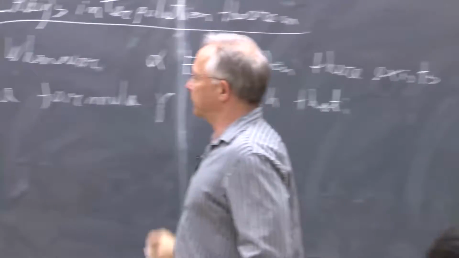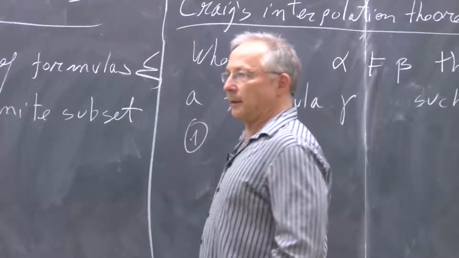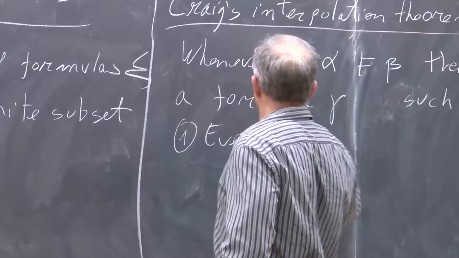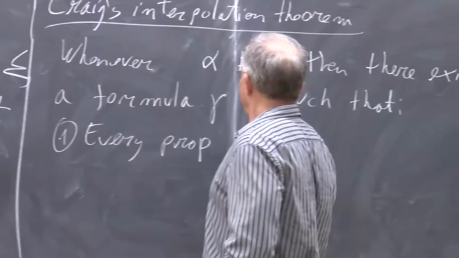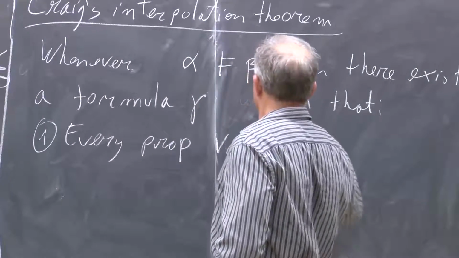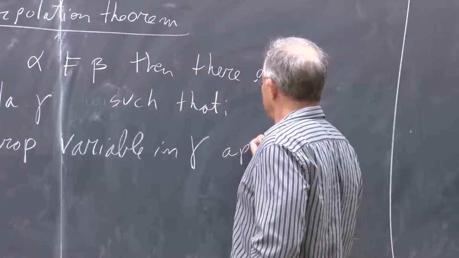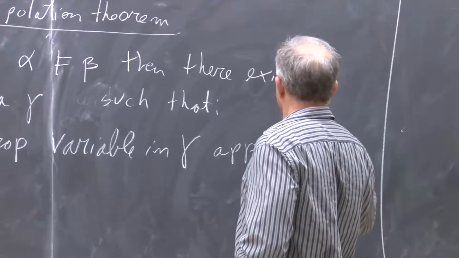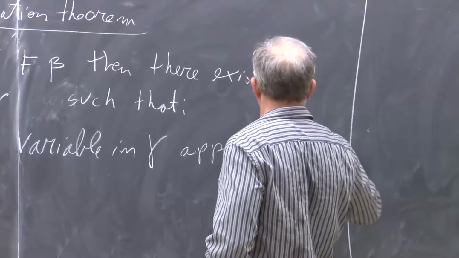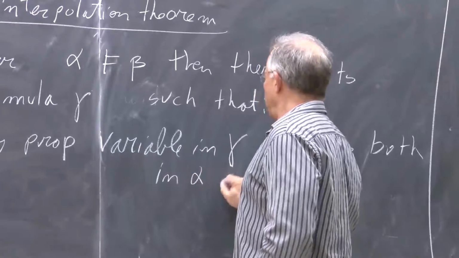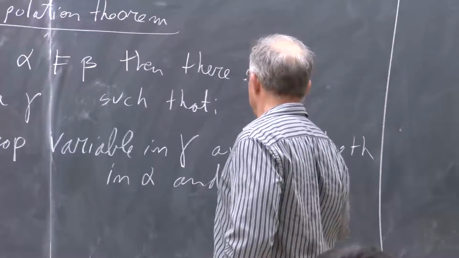we have two requirements. One, every propositional variable in gamma appears both in alpha and in beta.